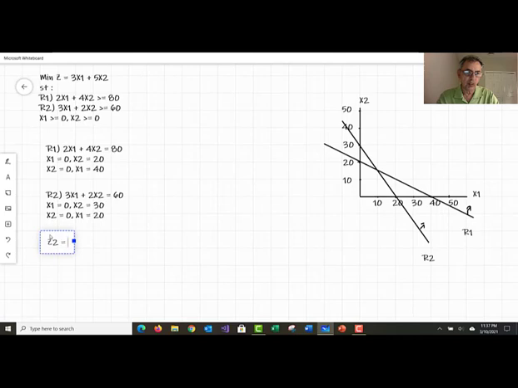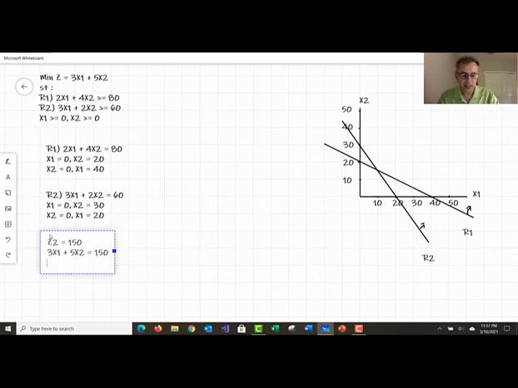So I'm going to let z equal to, let's say, 150. In this case, I get 3x1 plus 5x2 equal to 150. Again, the number 150 is arbitrary.